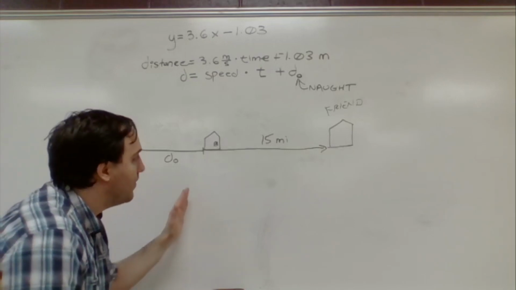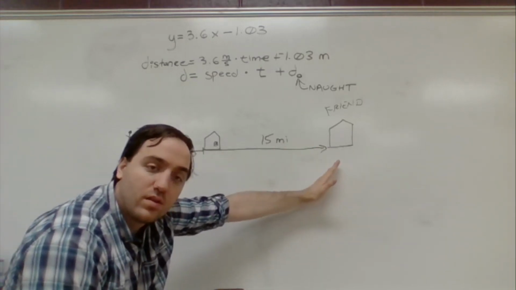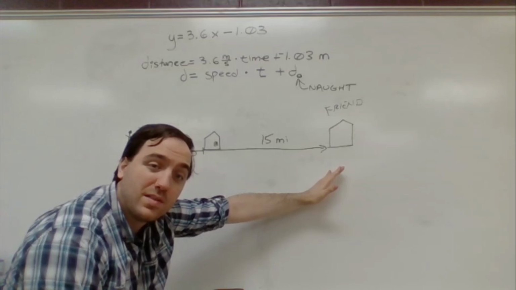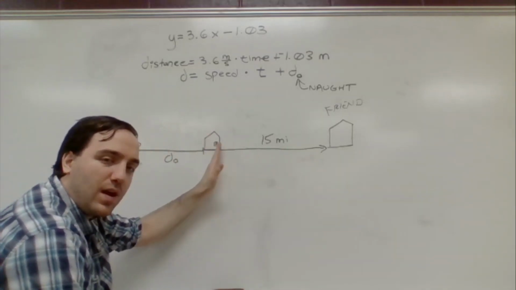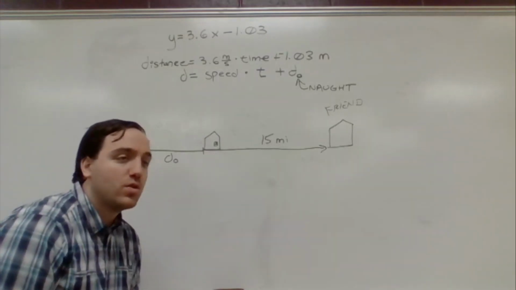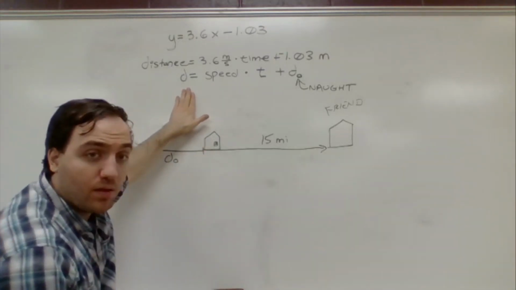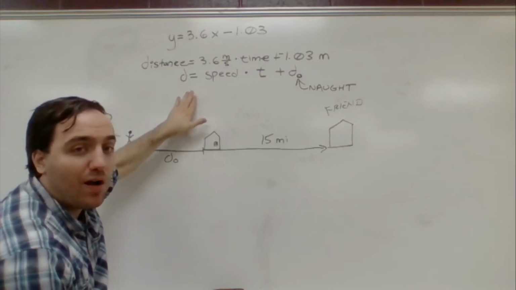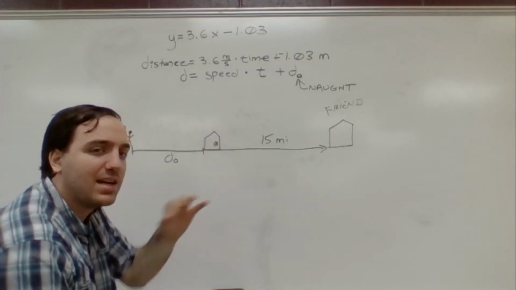Alternatively, if you were to head this direction from your house to your friend's house, it'd be positive 15. If you were to head this way from your house, it'd be negative. We call this way negative. So when we do the math for how long it will take you or how far you travel, it adds out properly.